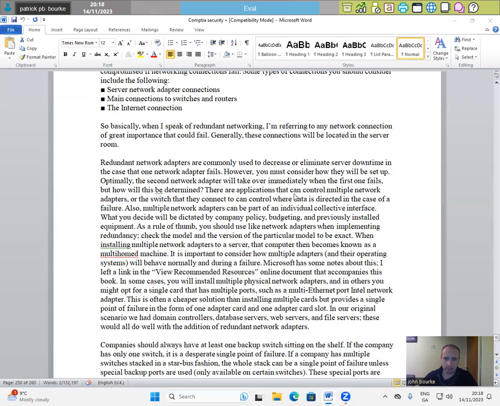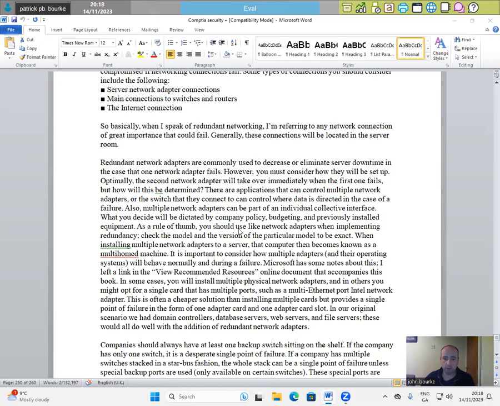There are applications that can control multiple network adapters, or the switch that they connect to can control where data is directed in the case of a failure. Also, multiple network adapters can be part of an individual collective interface. How you decide will be dictated by company policy, budgeting, and previously installed equipment.